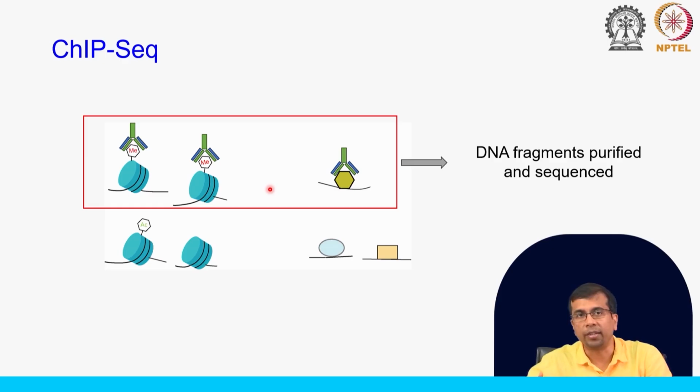So, based on this antibody, we have a specific target in our mind, and we do this experiment where we separate out DNA fragments, genome fragments that are bound by this protein or have this histone modification. Once we take them out, we then go for next generation sequencing.